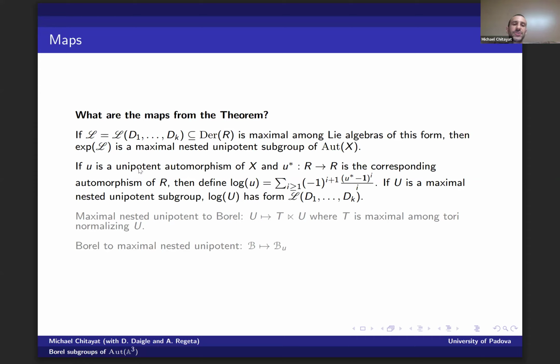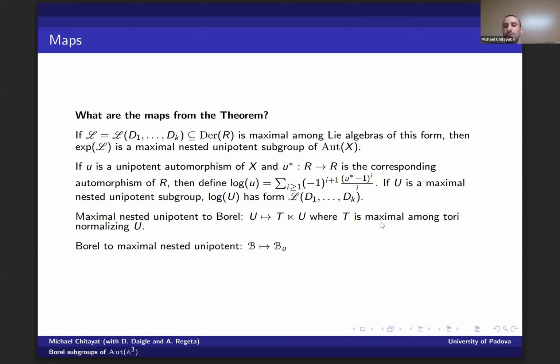And to go in the other direction, if you start with a unipotent subgroup, for each unipotent automorphism, you can define this log u, which gives you a derivation of R. And if you apply this map log to the entire set, you get this Lie subalgebra curly L. And to go from maximal nested unipotent subgroups to Borels, basically you choose any maximal torus, any torus that's maximal among those normalizing U. And to go from Borels back to nested unipotents, you just take the unipotent radical.